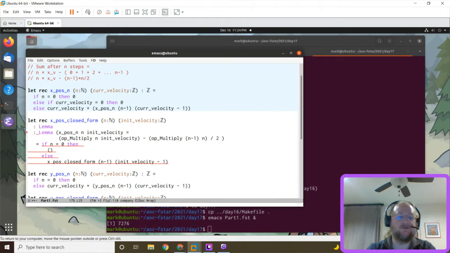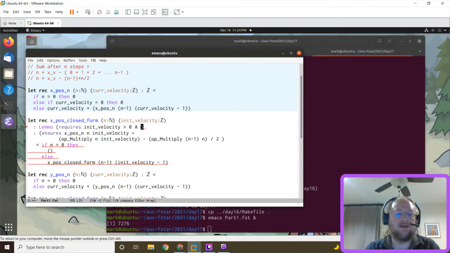So let's do this by requires something. All right, so it's true if init velocity and n is less than the stopping time.